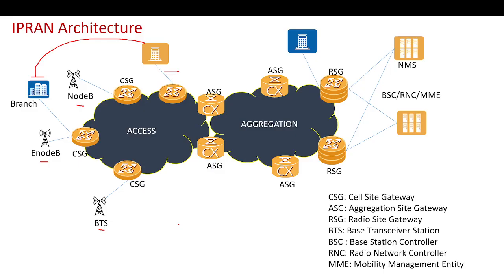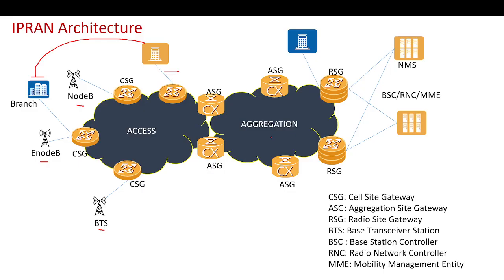You've configured an IGP, it could be OSPF, ISIS, or EIGRP. You can deploy any IGP of your choice on this network. So you will already have reachability all the way from the CSGs to the RSGs. And now you go ahead and deploy BGP.